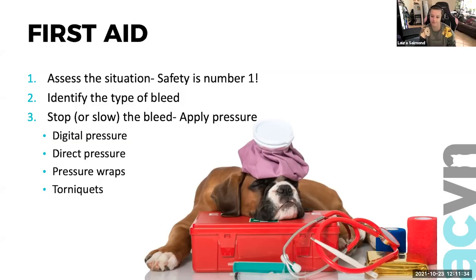So if we have a penetrating foreign body that we are leaving in, we want to support that when we wrap it. I am going to demonstrate that on my dog with a fake penetrating foreign body. We do want to stabilize that so that it doesn't dislodge or move around whilst we're transporting the patient. The more it moves around, the more damage it's going to do, the more bleeding it's going to cause.